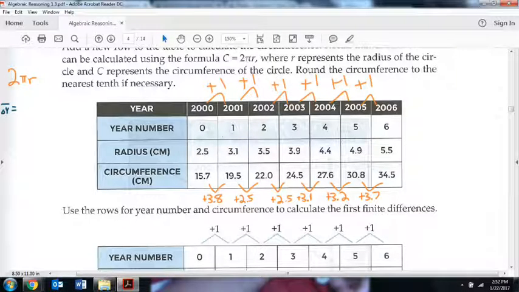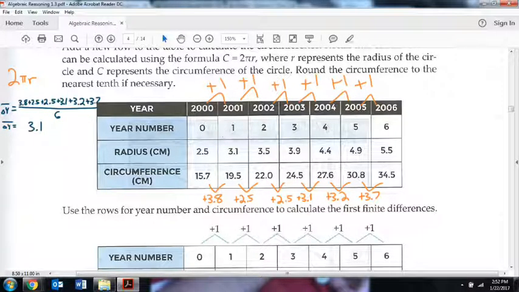So that's 3.8 plus 2.5 plus 2.5 plus 3.1 plus 3.2 plus 3.7 plus 3.7, and we're going to divide all of that by, there's 1, 2, 3, 4, 5, 6 of them, and we're going to get the average change in y equals 3.1.